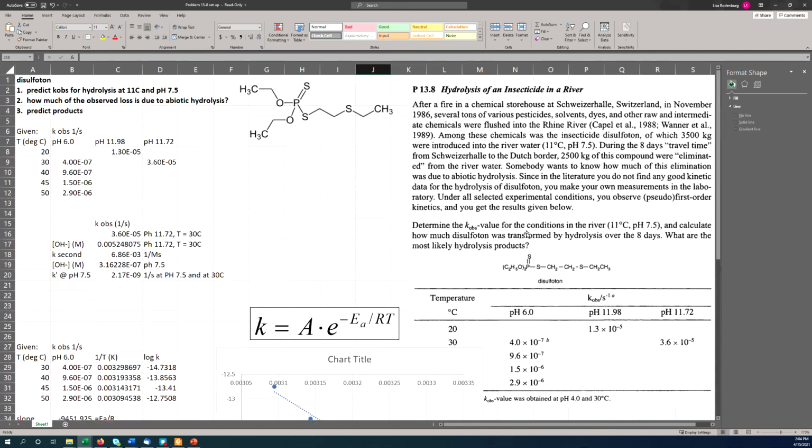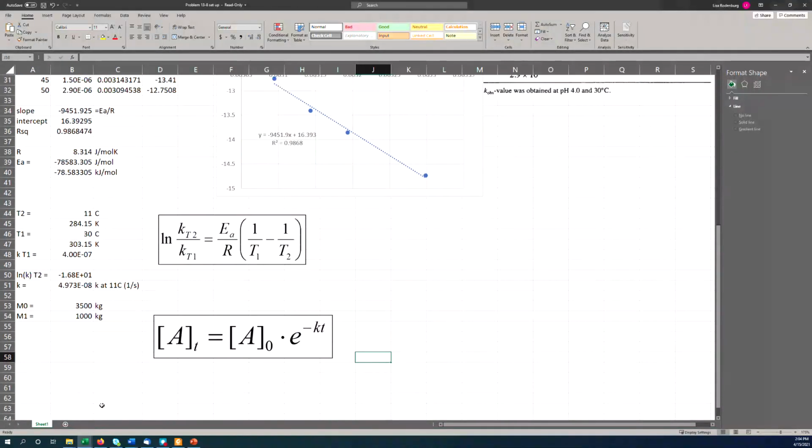Okay? Now we know what t is, right? t was 8 days of travel time. So t equals 8 days. Multiply that by 24 hours in a day times 60 minutes an hour times 60 seconds per minute. That gives us that many seconds of travel time. Let's call it S, seconds for travel time.